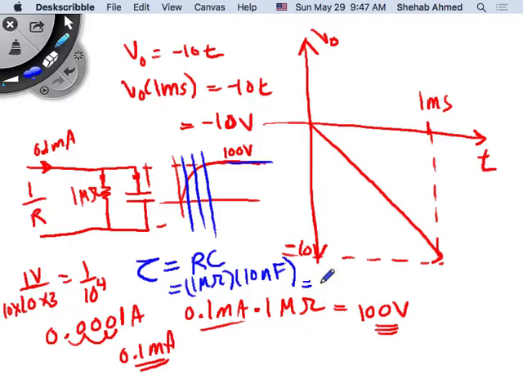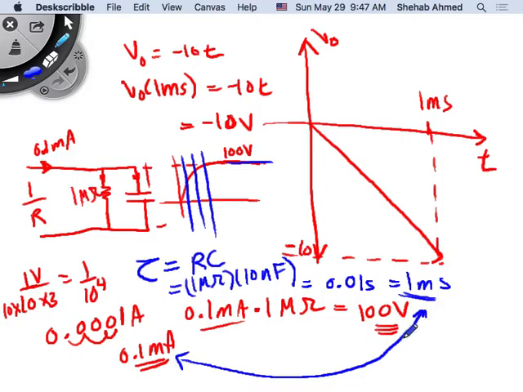Wouldn't that be 10 to the negative 2, so it's 0.01 seconds or 1 millisecond, right? Which is bigger, this or this? Sorry, not this.